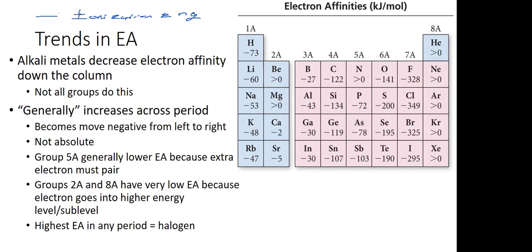First, with our alkali metals, our first trend is that as we go down the column, our numbers become more positive. So we start here at hydrogen, minus 73, all the way down to rubidium at minus 47. Note, not every group does this, right?